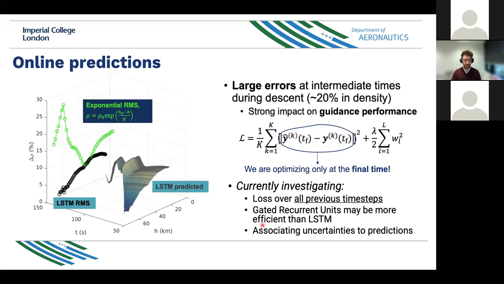It would also be ideal to associate a measure of uncertainty to these predictions. On board, we will have just the density as an output, but ideally we would like to have a measure of uncertainty so that if the prediction is very uncertain, we can switch to a more reliable method, even if we have lower performance.